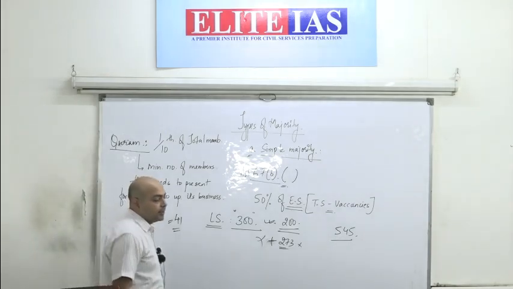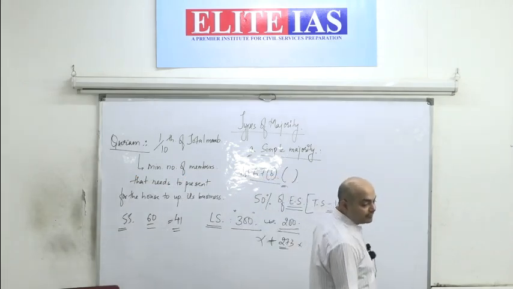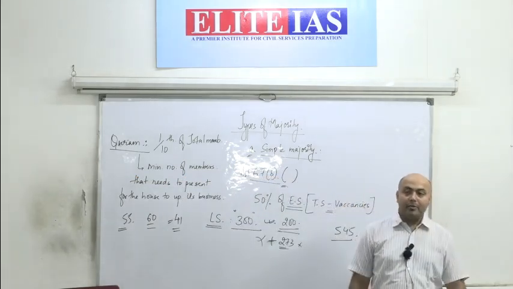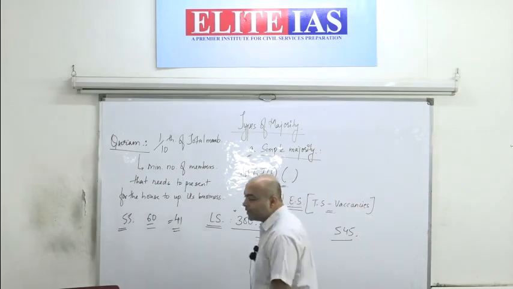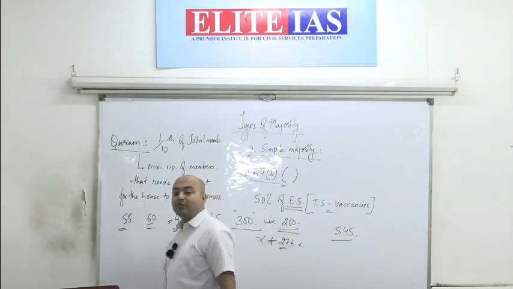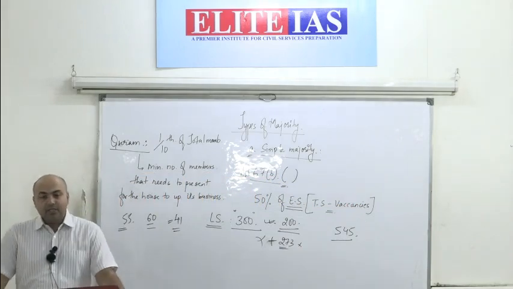Next, third kind of special majority. Third kind, majority under Article 61, that is impeachment of the president.